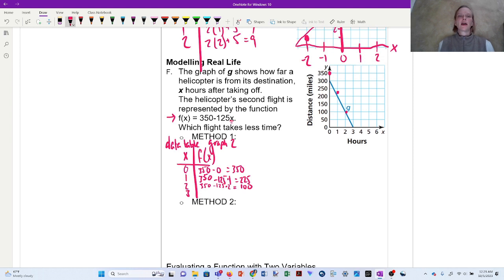And lastly, for x equals 3, I am going to do 350 minus 125 times 3. So I'm going to do 350 minus 375, and I'm going to get negative 25. I didn't graph my last data point here. When x is 3, y is negative 25.